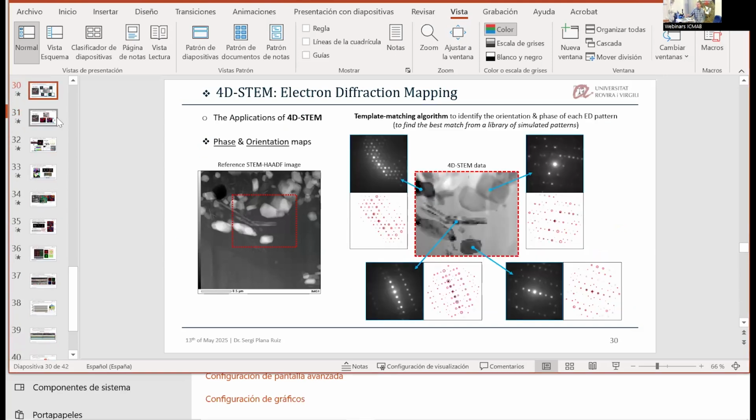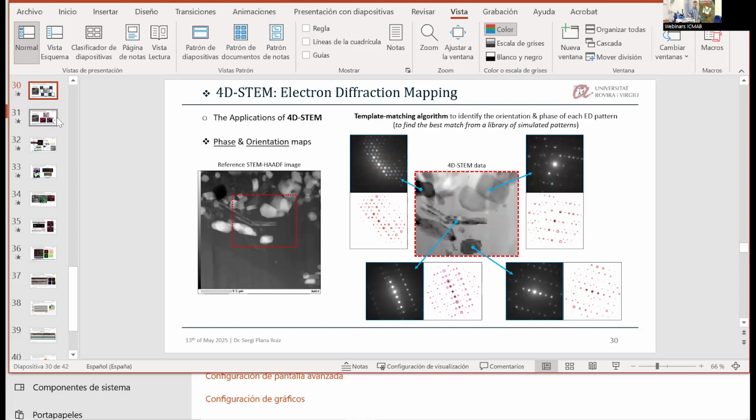Okay. So here we have the 4D STEM data. Every pixel, one diffraction pattern. What you do is generate a library of simulated electron diffraction patterns. There are programs in which you can input the CIF file, and then automatically it generates a set of patterns in the different directions corresponding to the lattice of that material.